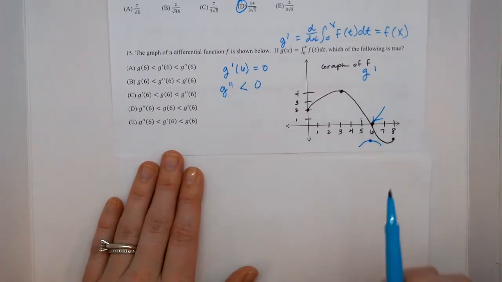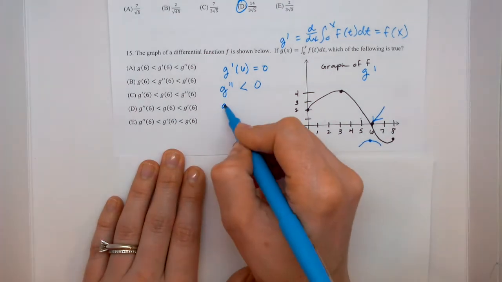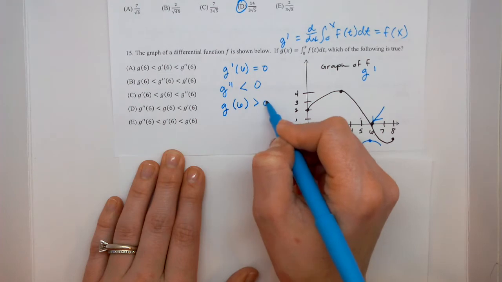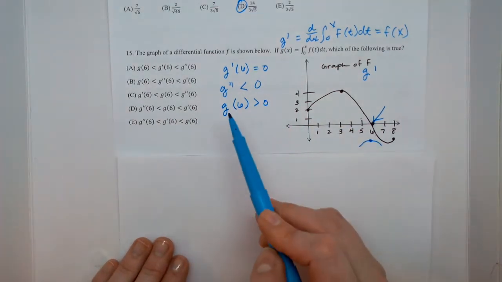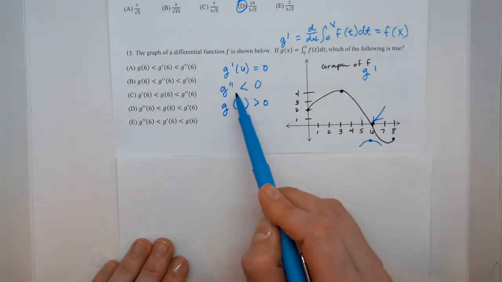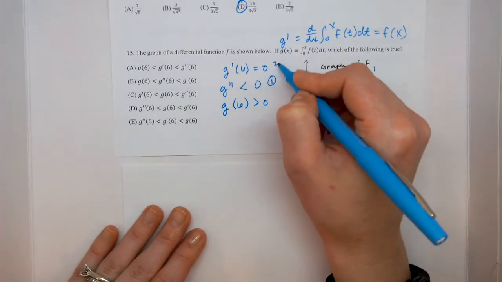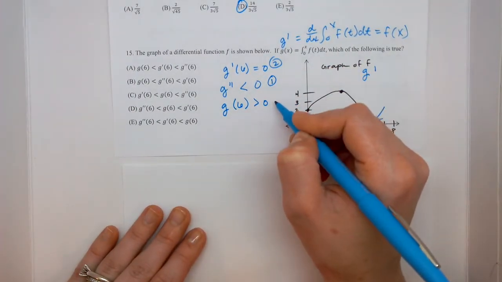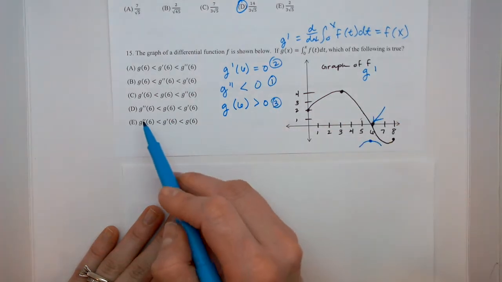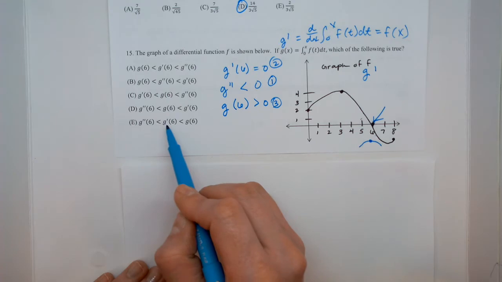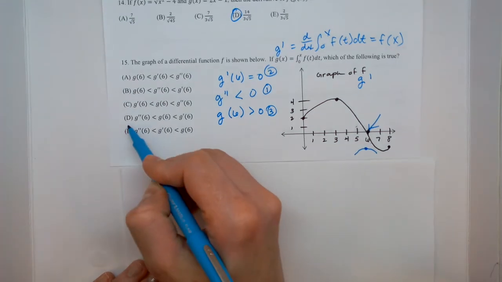So g of 6 would be positive, or a maximum. Okay, so if we're going from least to greatest, it looks like we'd have g double prime, and then g prime, and then g of 6. Okay, so again, g double prime is first, then g prime, then g, so e.